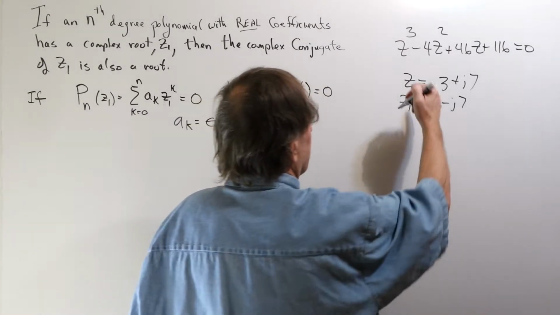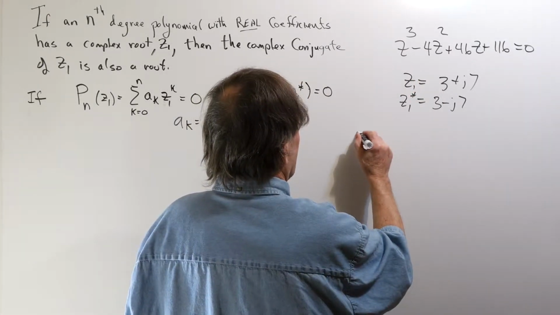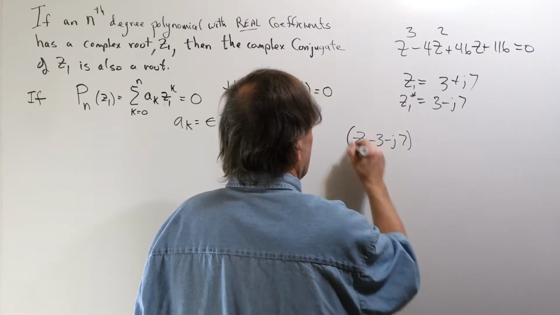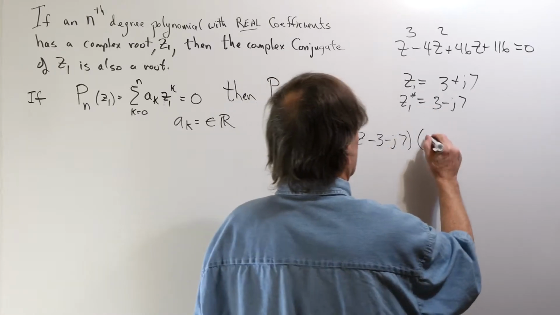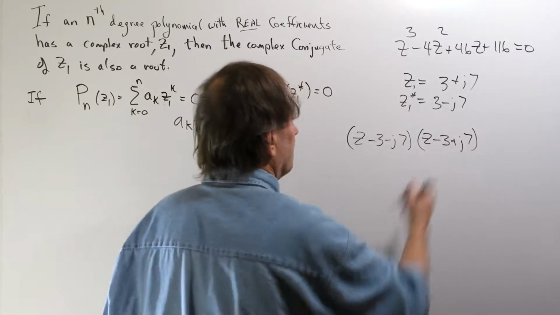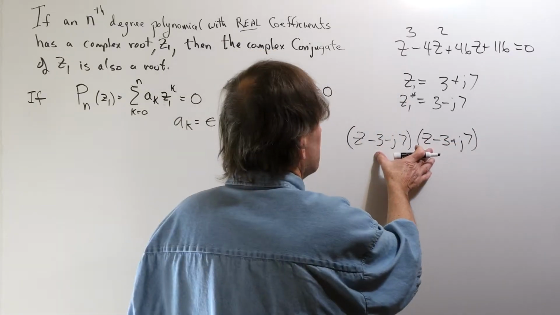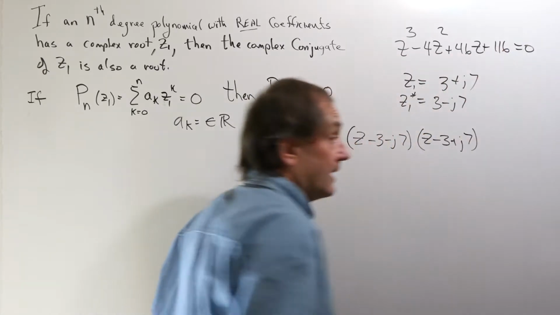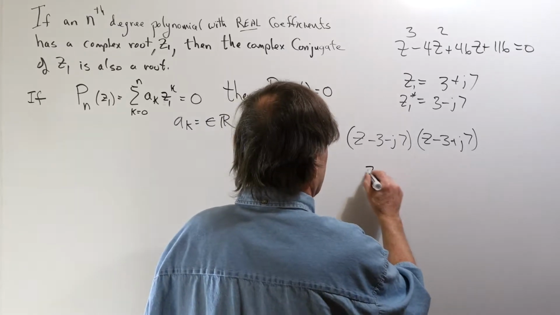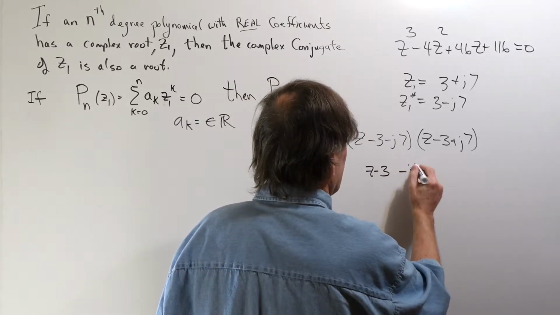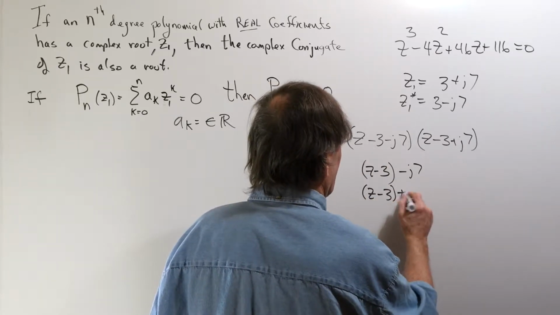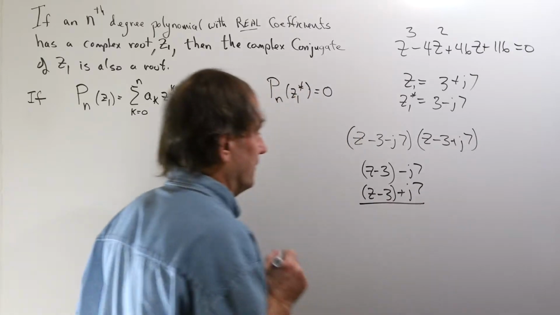So we can do that. The factor corresponding to z1 will be z minus 3 minus j7. And the factor corresponding to z1 conjugate will be z minus 3 plus j7. So we want to multiply these together to give a second order equation. Then we divide it into here to get the last root. I will write it in this fashion, and then I'm going to multiply these two factors together.